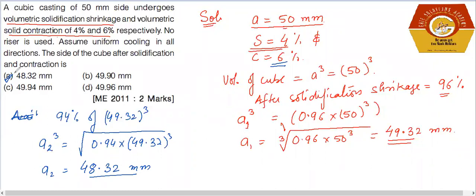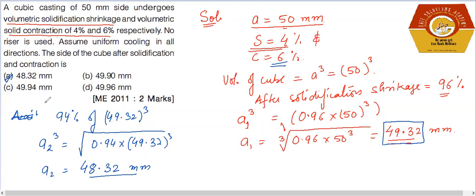Now, this is a very simple question, but the important understanding of this question is the beauty of a GATE examination. Once you solve the first contraction, its answer is 49.32, right? And you can also see that the option is already given as 49.94, which is close to 49.32. So that is a common mentality of every student.